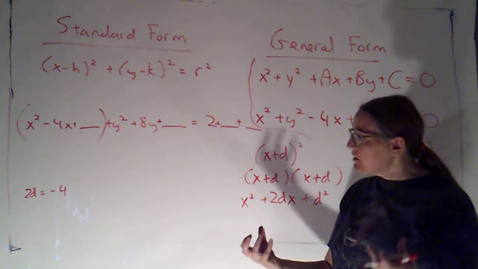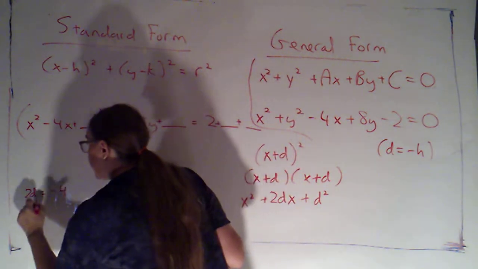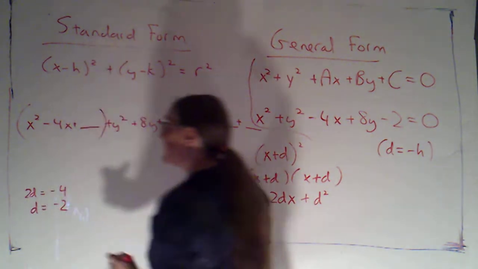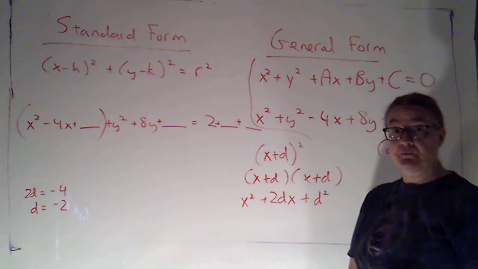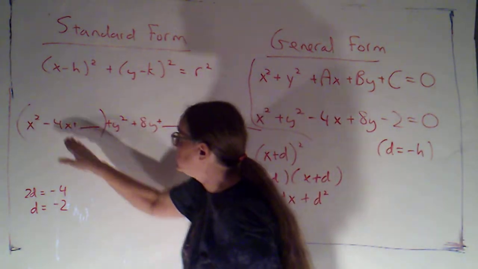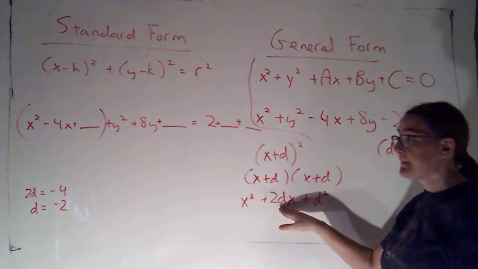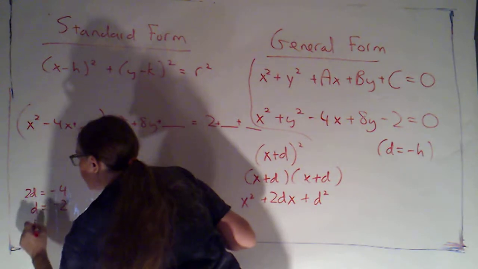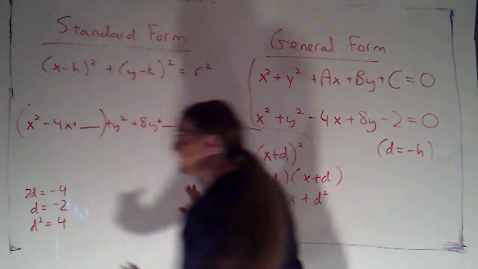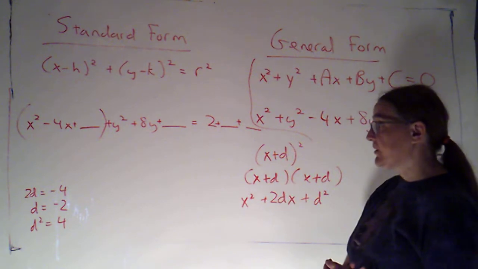So if I set those equal to each other, that's going to tell me what value of d will make this work. d would equal -2. With that choice of d, these first 2 terms match the first 2 terms for a perfect square. So then d squared would be +4. d squared will always be a positive number, but d could be positive or negative.